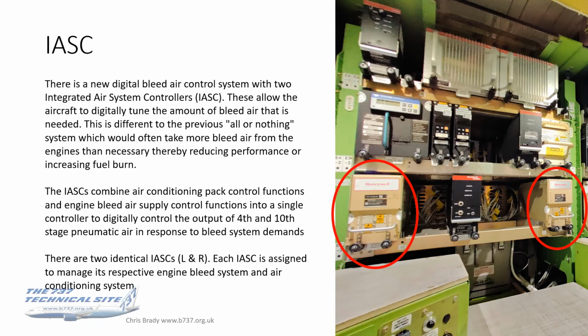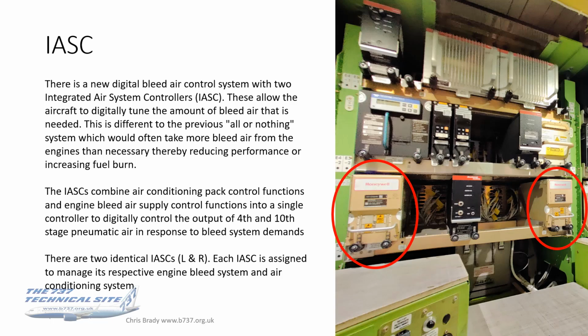One for the left and one for the right, each managing its respective engine bleed system and aircon system. Now what they do is they allow the aircraft to digitally tune the amount of bleed air that is needed, and this is a huge advance. So previously it used to be what was described as an all or nothing system.